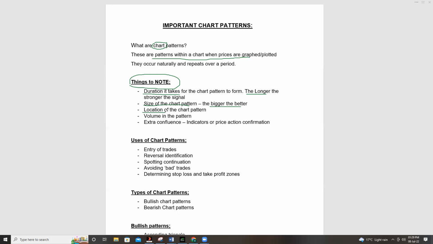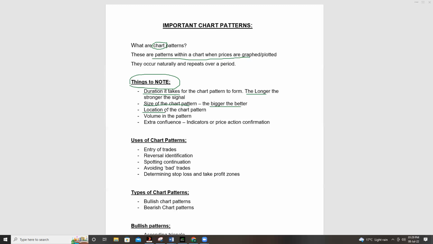We have the beginning or stage 1, we have the middle or stage 2, and we have the peak or end of stage 3. Now, these patterns will have meaning depending on where they are located. Are they seen at the beginning or stage 1? Are they seen at the middle, or are they seen at the end of the trend?